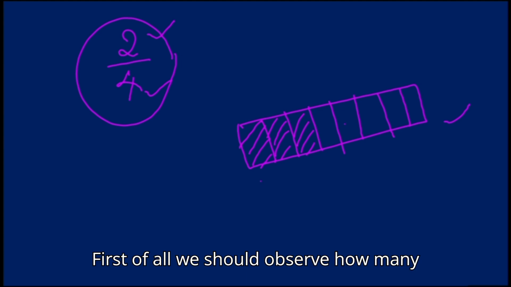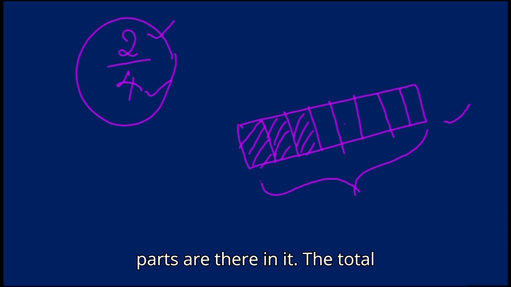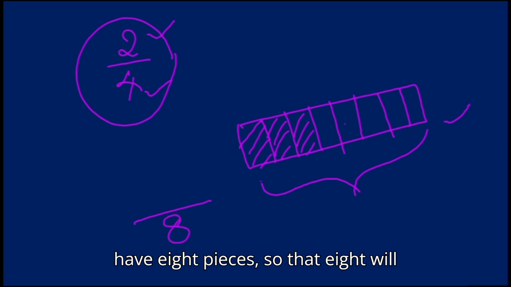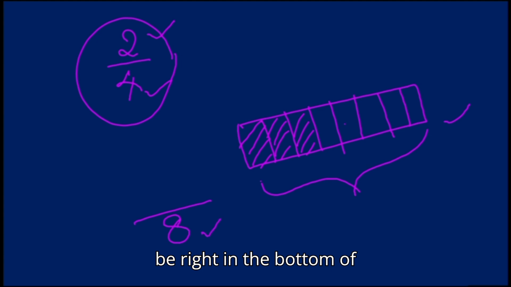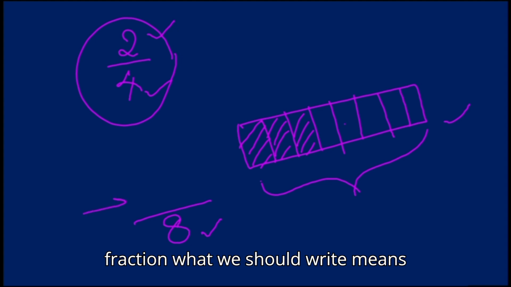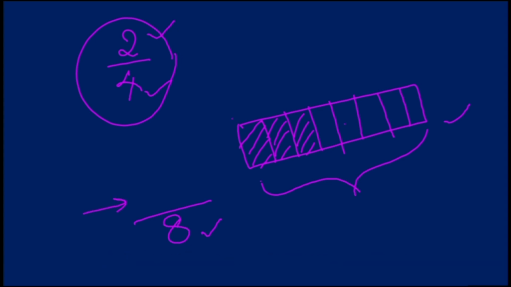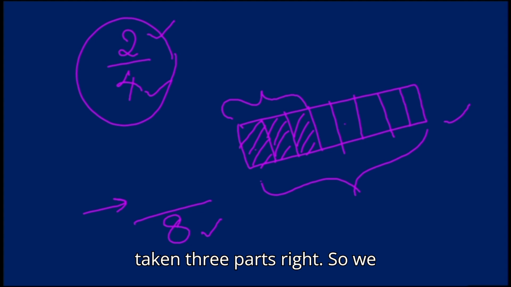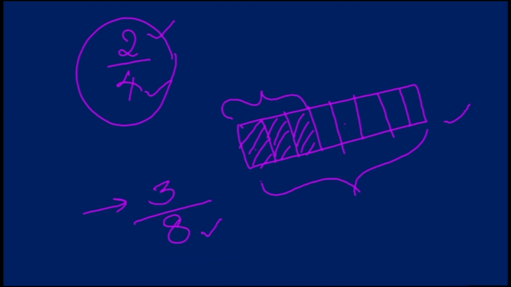First of all, we should observe how many parts there are in total. The total parts we should write at the bottom. Totally we have 8 pieces, so 8 will be written at the bottom of the fraction. At the top of the fraction, we should write the number of parts that we have taken. Here we have taken 3 parts, right? So we should write 3. This is the fraction.